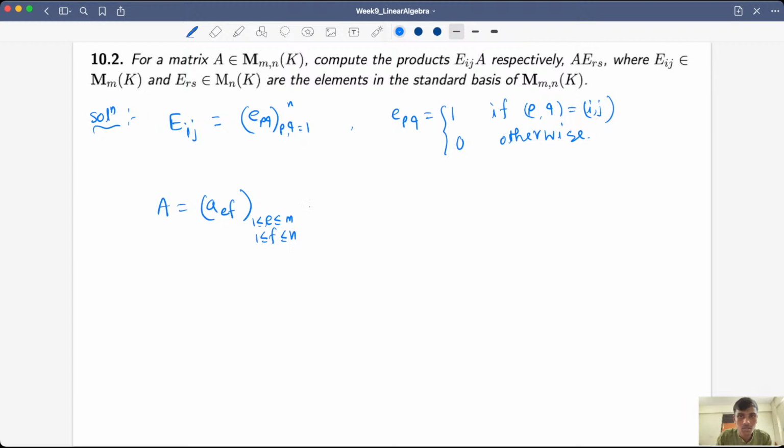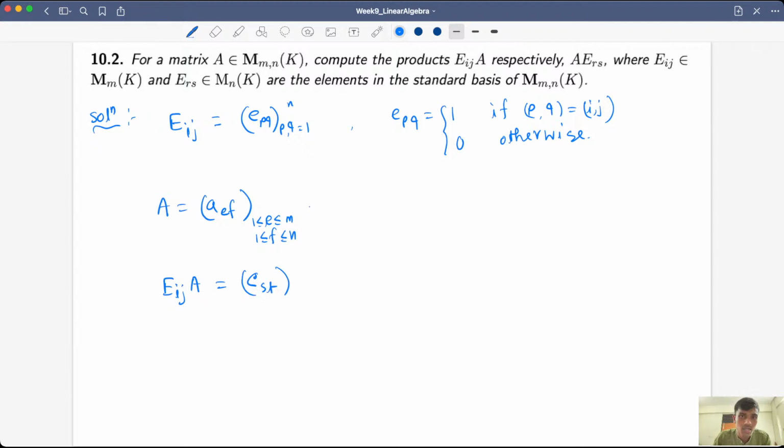Then let us calculate this Eij times A. Suppose the entries of this product are some CST.